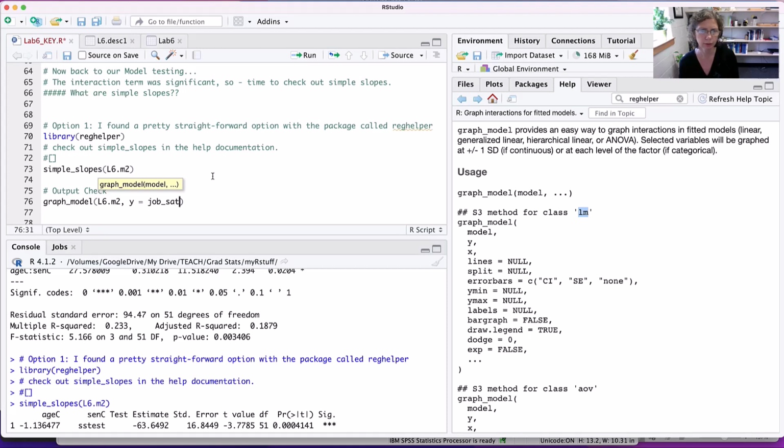They never asked for, no, they asked for the model. Okay. X, I'm wondering where do they ask about the moderator? X, if I'm saying that age is the predictor, we'll do X equals age C. Let's see what that does.